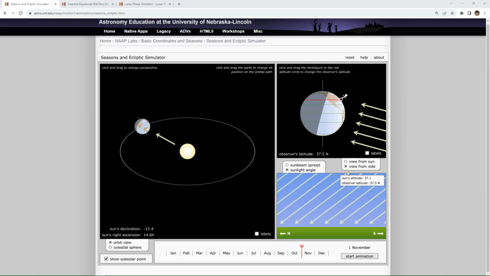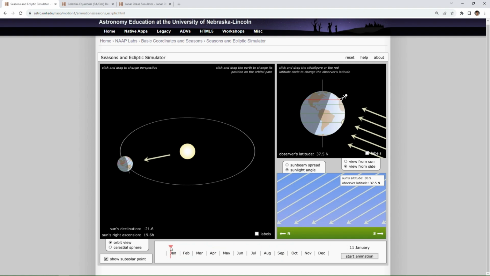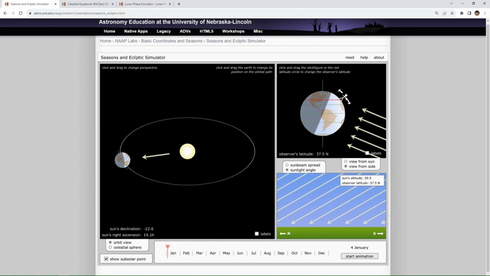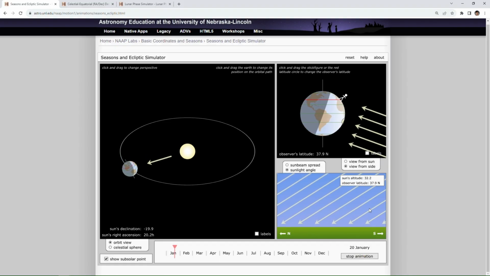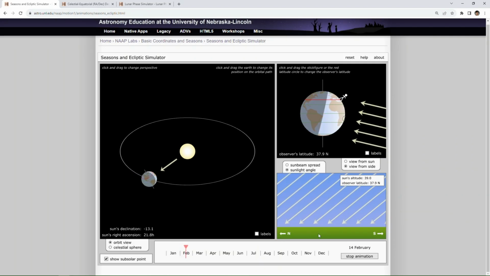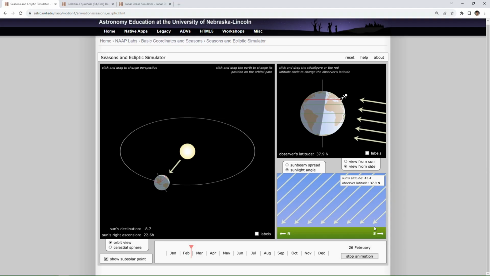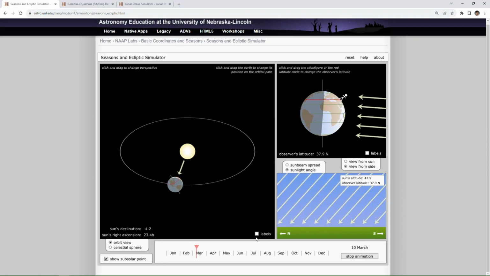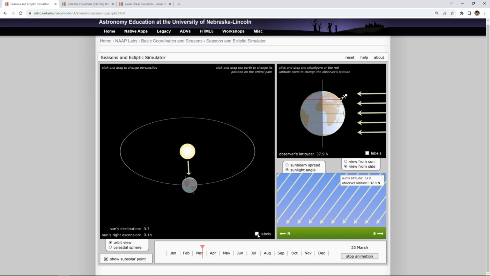Now let's look at the simulation. We'll go all the way to the start of the year, and we'll place the people at an average latitude of the US in North America. You can see starting from January, the sunlight angle gradually increases. So we are in the process of warming up.